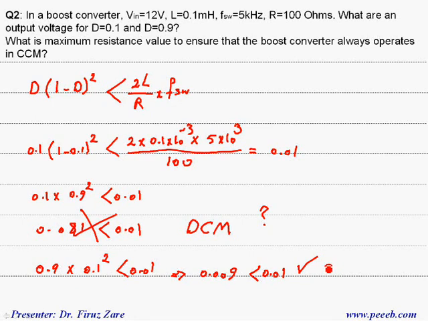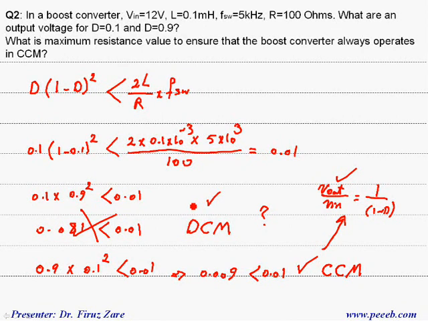That means the system can operate in continuous conduction mode. So we can find the output voltage for that case. V out over V in is based on 1 over d prime, or 1 minus d. So we can find the output voltage, but for this case, this continuous conduction mode, we have to find.